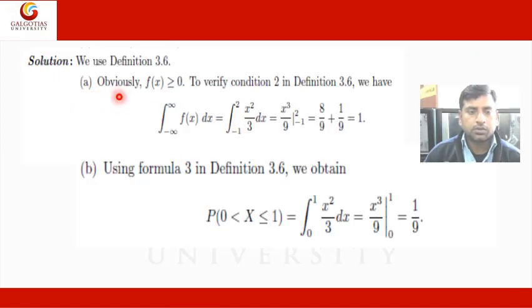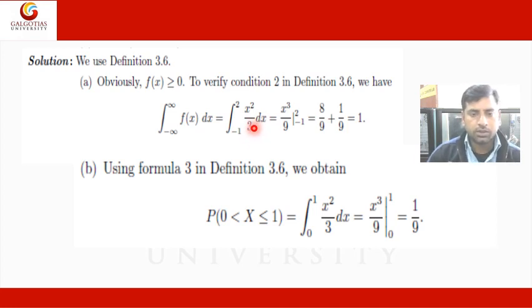For the first part, from the definition, the function is obviously greater than or equal to 0. To verify it's a PDF, we will integrate the given function between the limits minus infinity to plus infinity. So we will integrate this function from minus 1 to 2, because outside the interval the value of the function is 0, so the integral of the 0 function will be 0, and we will not integrate outside these limits.